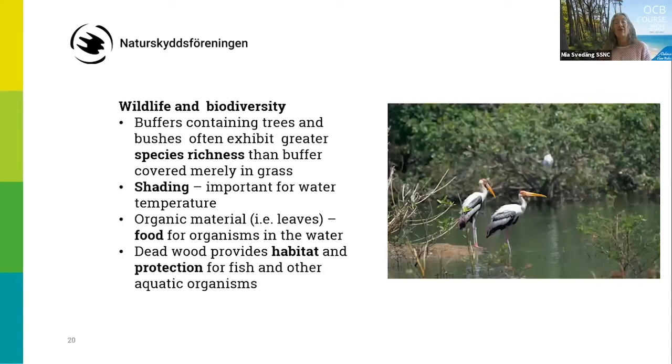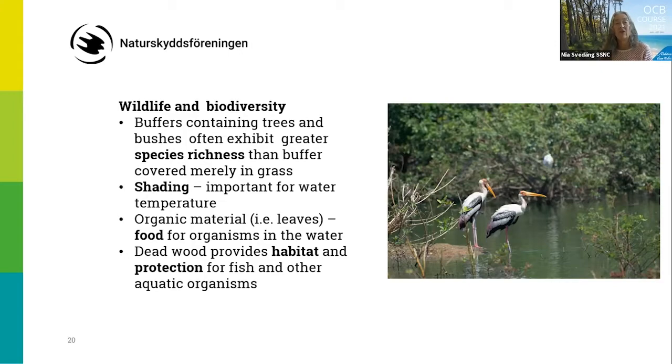And it's also very good for the wildlife and biodiversity in the stream or lake. Buffers containing trees and bushes often exhibit greater species richness than buffers covered mainly by grass. So to have more varied vegetation and to have trees is really good, especially for wildlife. You get shading, which is very important for water temperature.